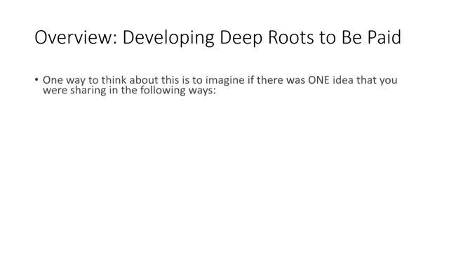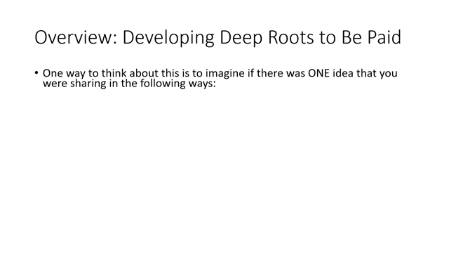So let's talk about this. One way to think about this is that you've got one idea that you're going to be sharing in a number of different ways. Remember, when we're talking about deep roots, what we don't want to do is spread ourselves thin over a bunch of products.